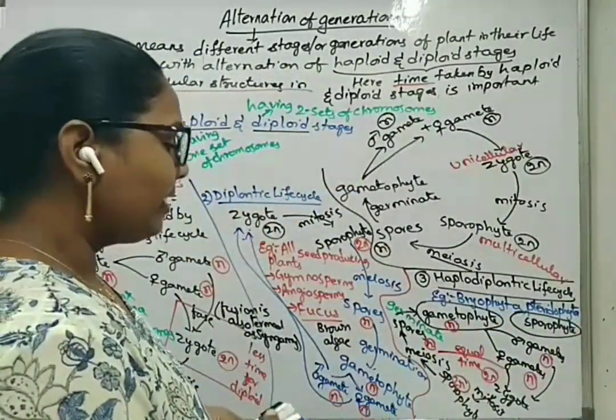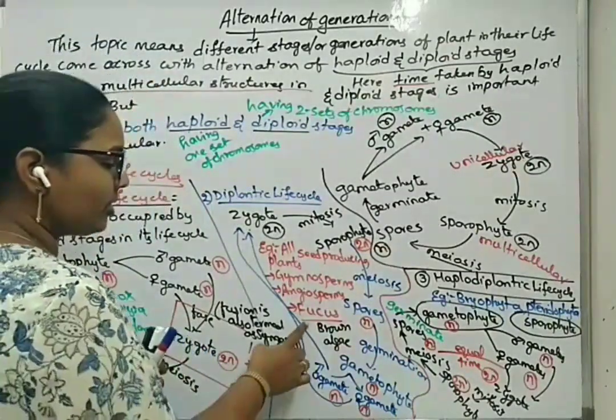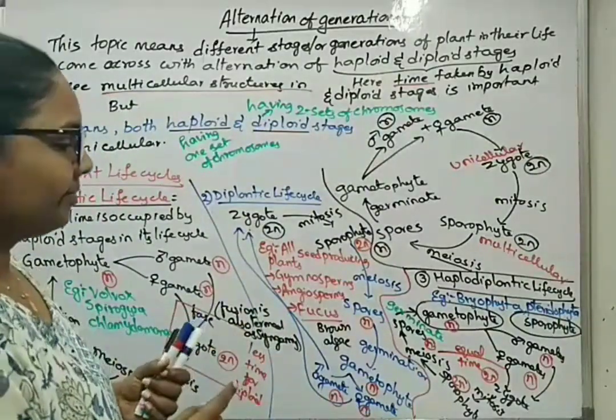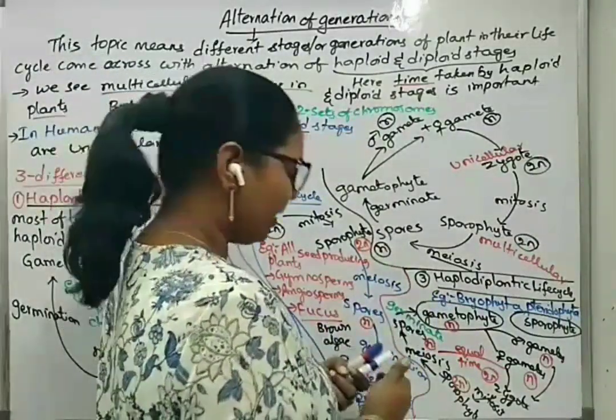There are some algae which exhibit life cycles like Fucus does. Being an alga, Fucus shows the diplontic life cycle. Like that, there are some algae which show the haplontic life cycle.